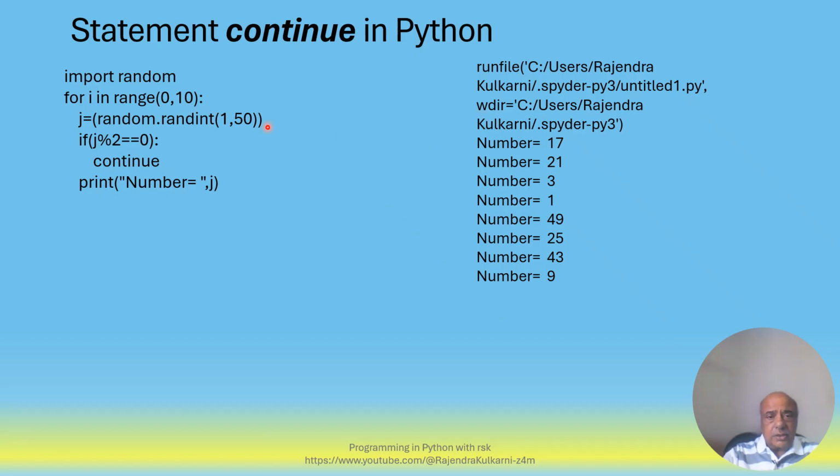So out of 10 times this loop executed, 8 times the numbers generated were odd and 2 times the numbers were even.